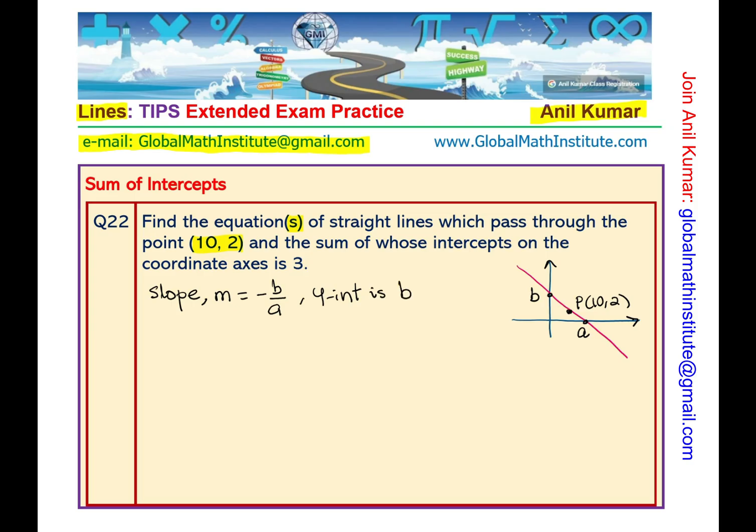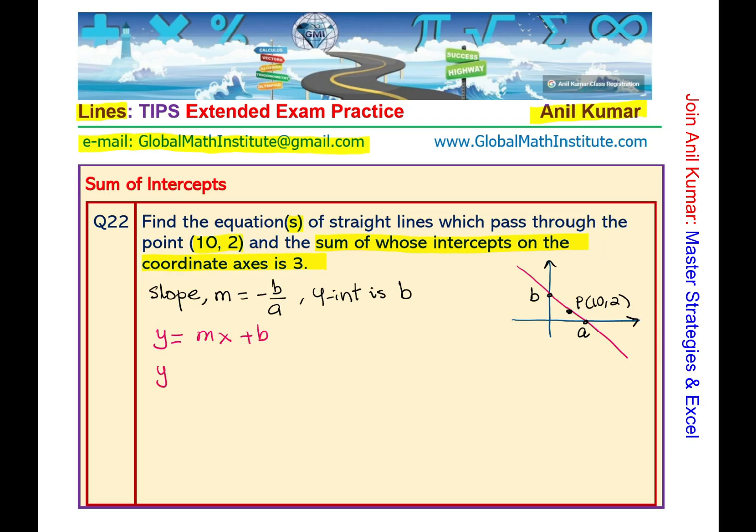what is the equation of the line? Given the slope of minus b by a and y-intercept of b, we can write down the equation of the line as y equals mx plus b. Since m is minus b by a, it becomes y equals minus b by a x plus b.